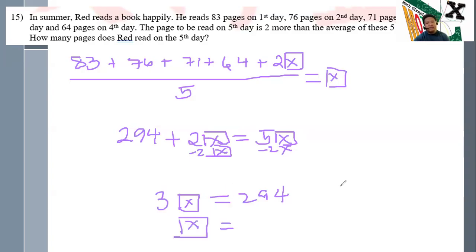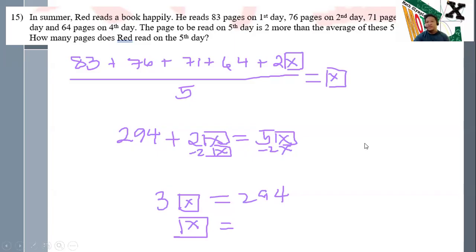Divided by 3, that will give us 98. But the question is, how many did he read?